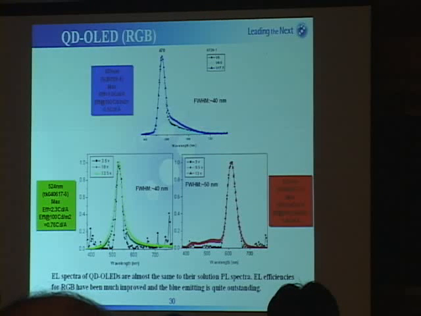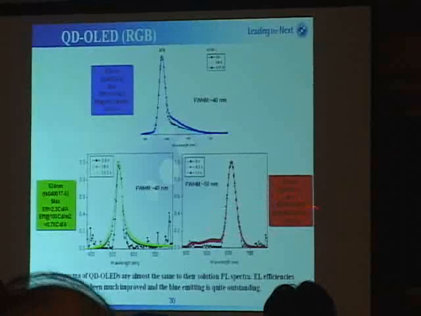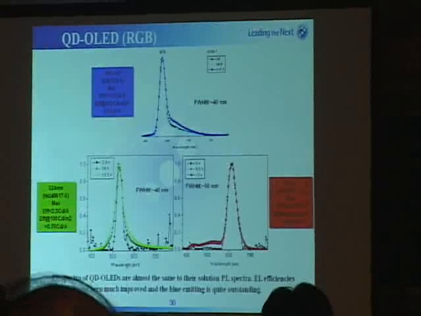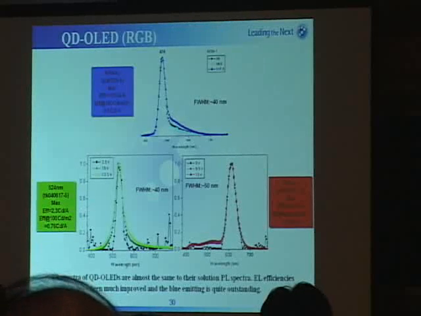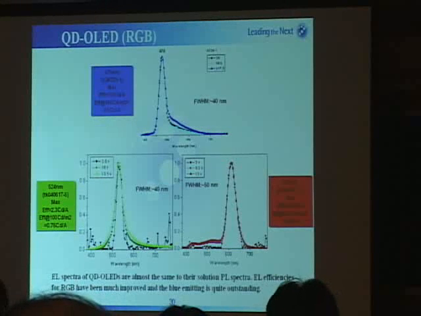As shown in these pictures, EL efficiency for RGB becomes very high. Red color is 4.4 candela per ampere. Green color is 2.3 candela per ampere. But among them, blue is really outstanding.